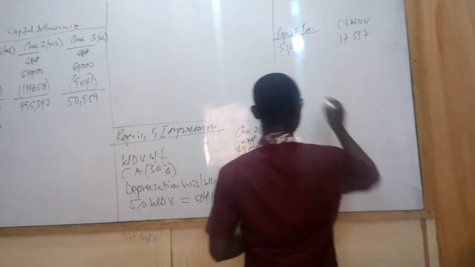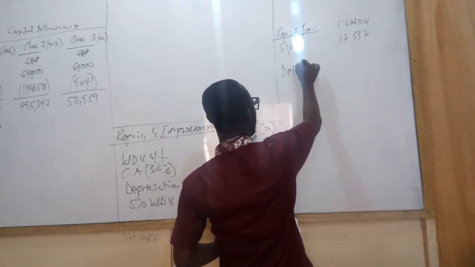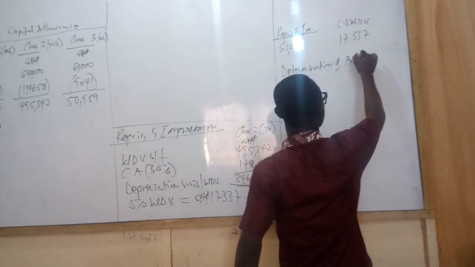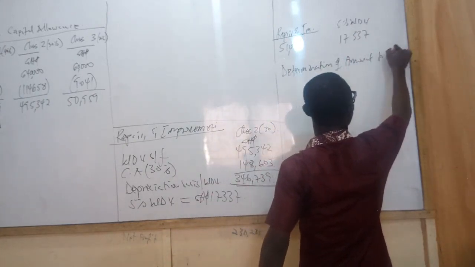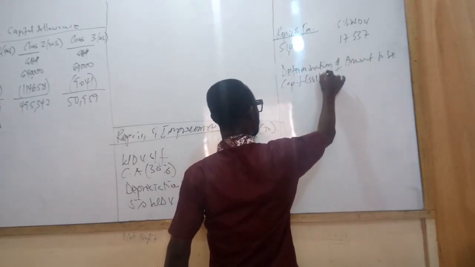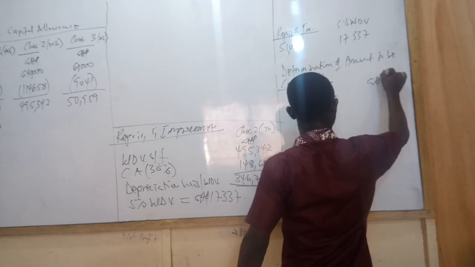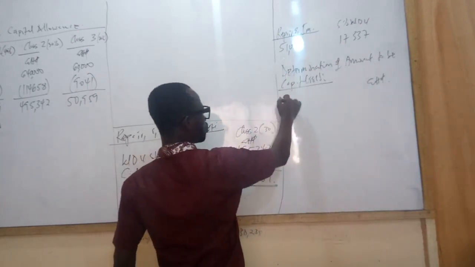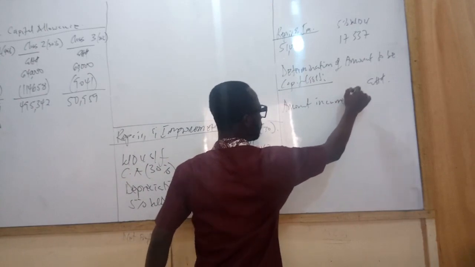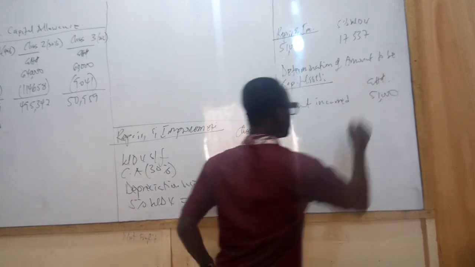So what does that mean? Determination of amount to be capitalized. So, total amount incurred, 51,000.